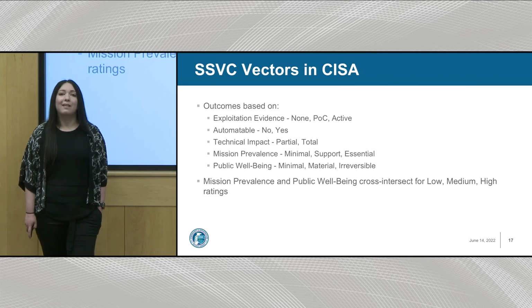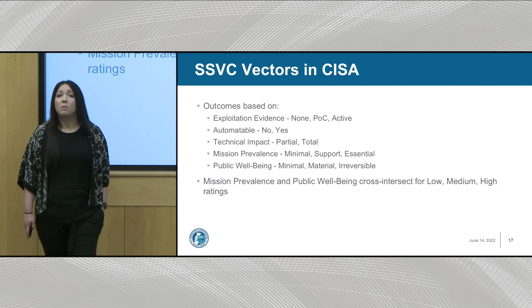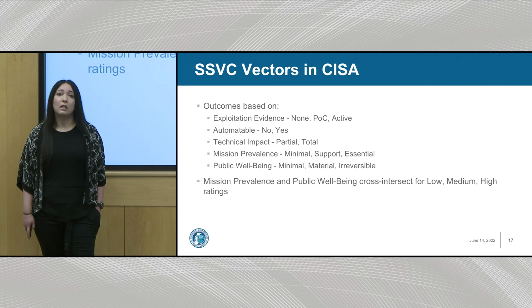Support. Does it provide a medium equivalent level of functionality, or does it have a medium level of prevalence in your organization? And minimal, it does not reach the functionality or number of either of the other 2 categories.